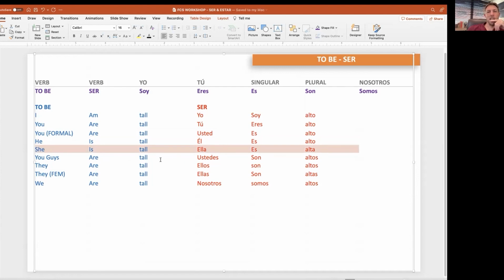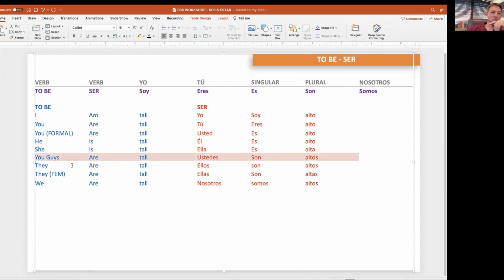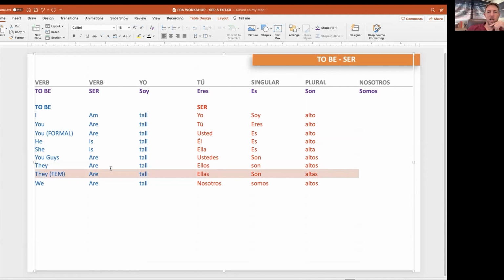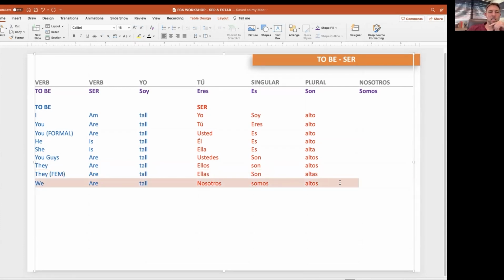She is tall, ella es alta. You guys are tall, ustedes son altos. They are tall, ellos son altos. They are tall, female, ellas son altas. We are tall, nosotros somos altos. Soy, eres, es, son, somos. All right, those are the ser ones.